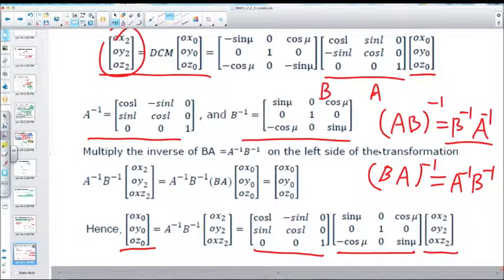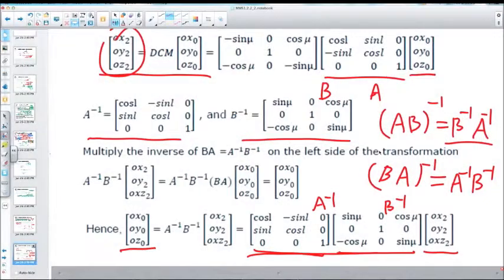And that is the B inverse, this is the A inverse. Of course, the order needs to be reversed. To undo, you first need to rotate along the east direction by the negative of the latitude. Then you rotate along the Z axis by the negative longitude. Then you are back in the global coordinate.